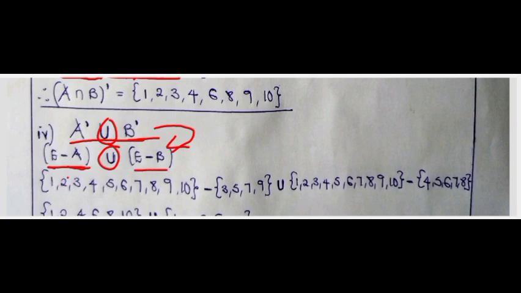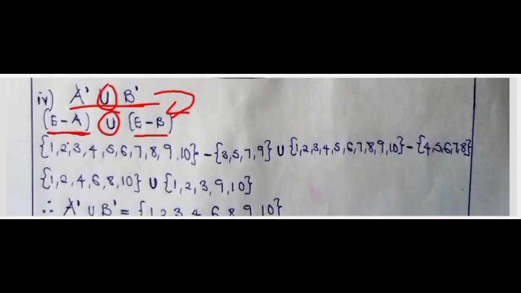Now, we'll still follow the same pattern where we have our universal set laid down there, and then we have our minus sign, and then we have our A part.